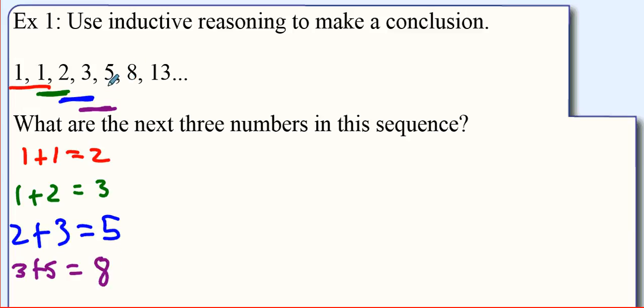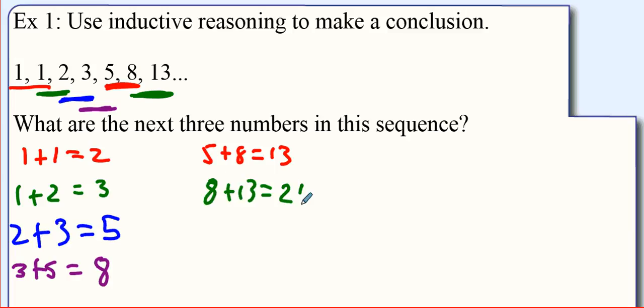Then 5 plus 8 is 13. 8 plus 13 is 21. The next number must be 21. 13 plus 21 is 34.